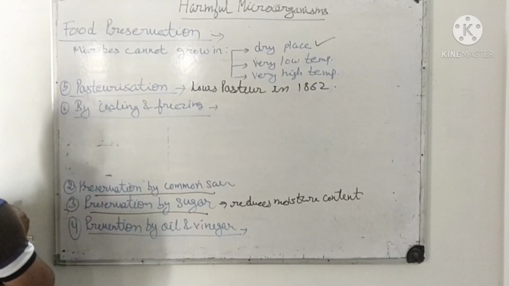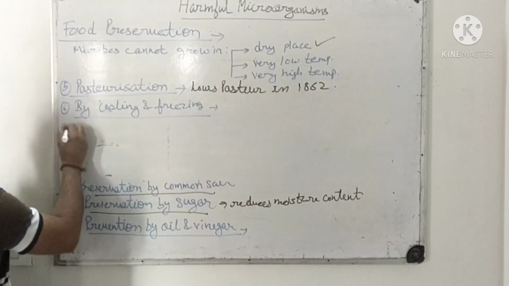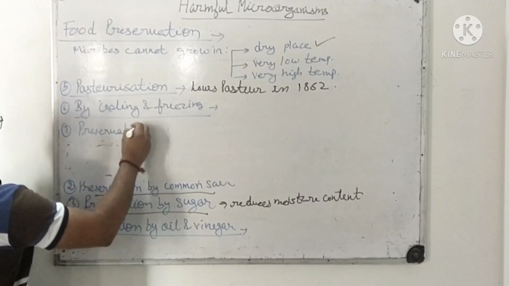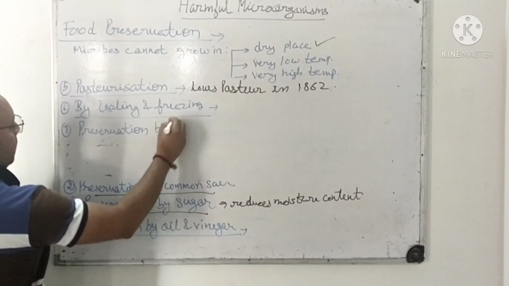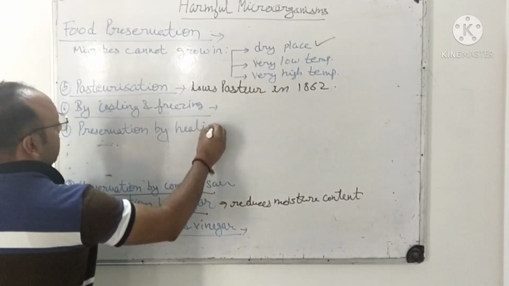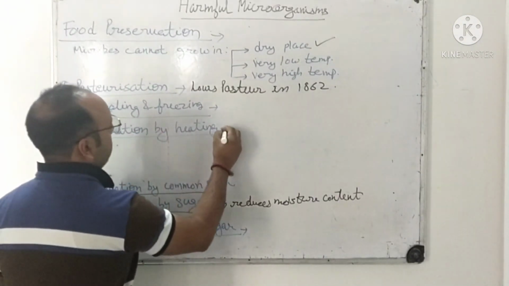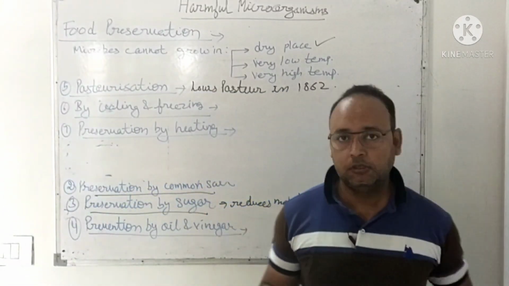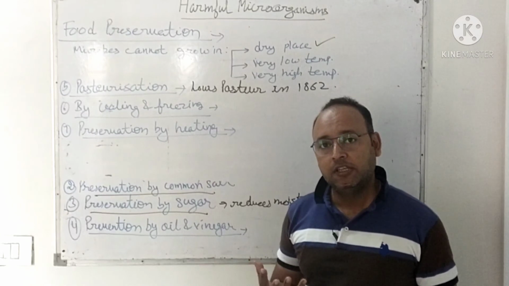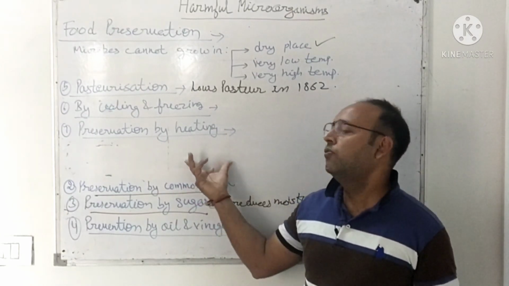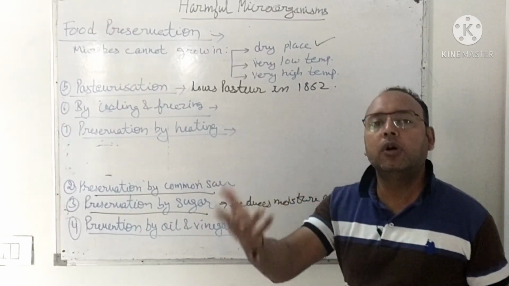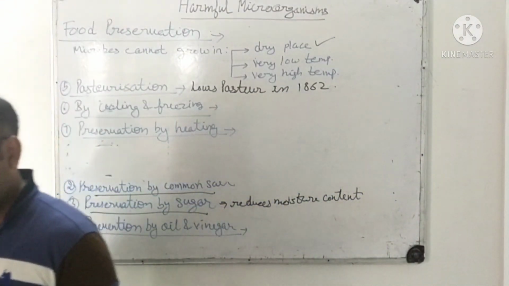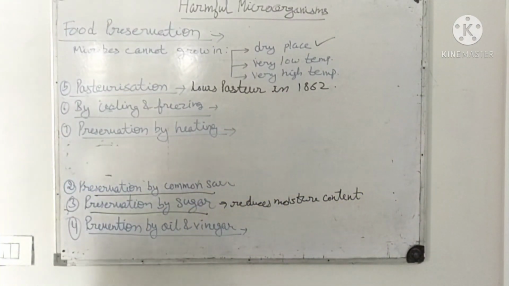Then we have preservation by heating. Whenever we get milk from the milkman, your mother might be boiling it, heating it. Why? To keep it safe for a longer time, so that we can utilize it longer. This is the meaning of preservation by heating.